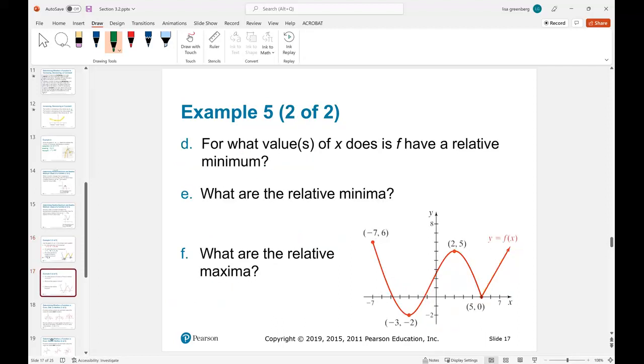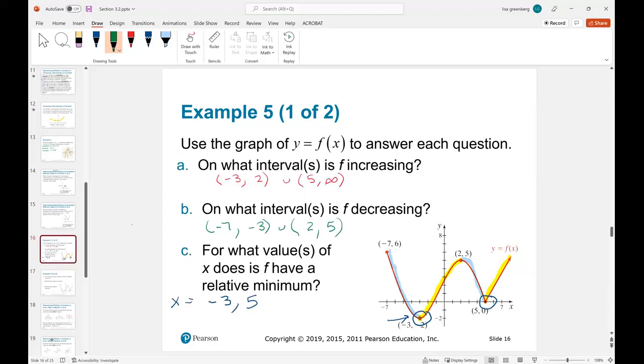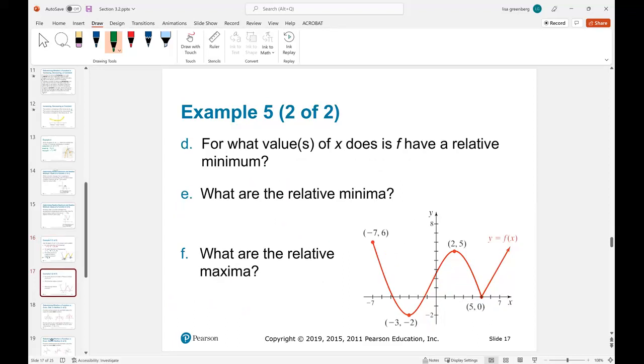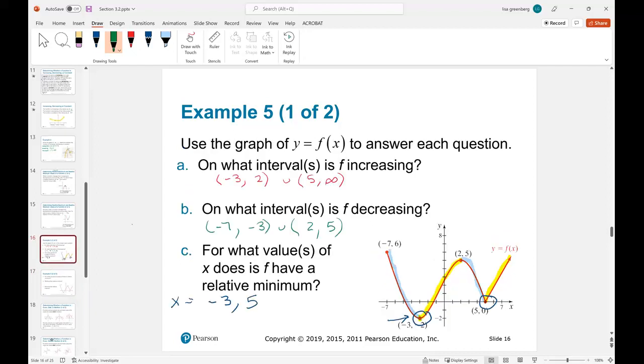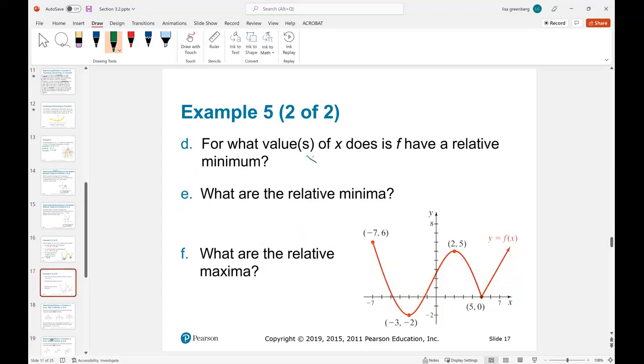It's exactly the same graph. So the answer is still the same. So it's going to be the same, -3 and 5. Those are the relative minimums.